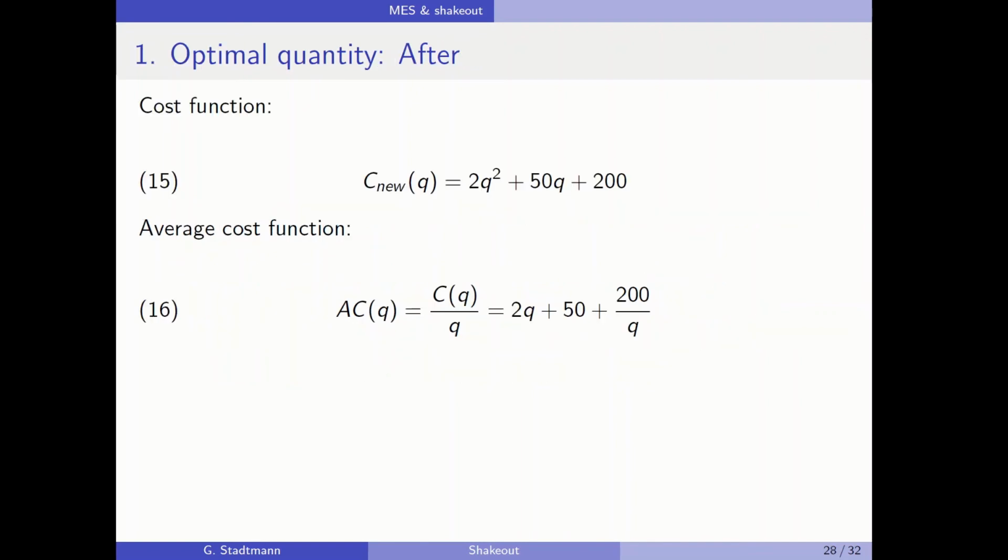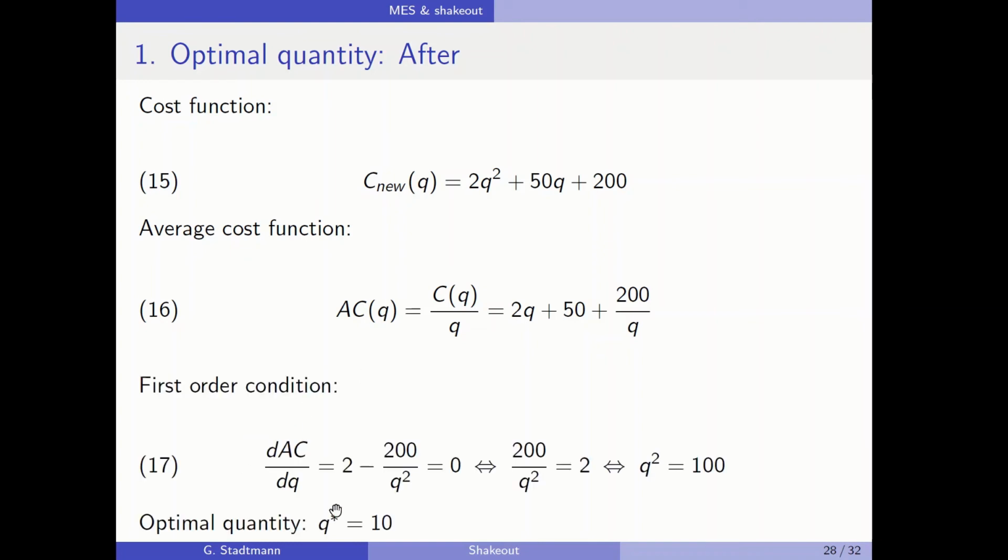Let's do so. The new cost function is given by this relationship here. We compute the average cost function by dividing the cost function by Q. Now we would like to find the minimum of the average cost function, so we have to differentiate the average cost function with respect to Q and set this relationship equal to 0.